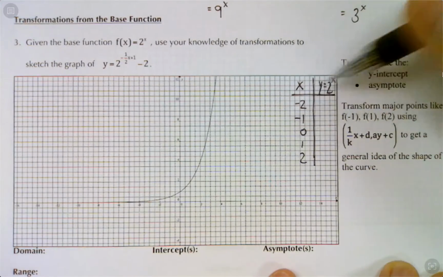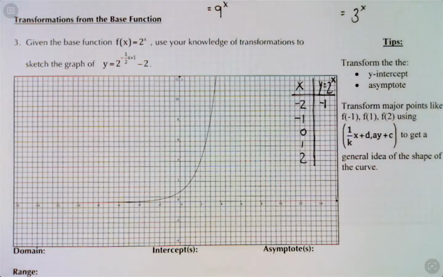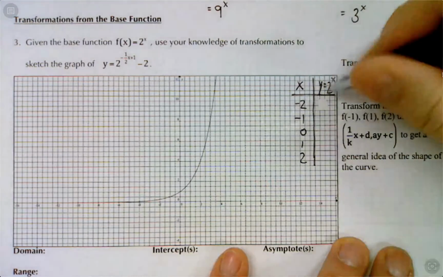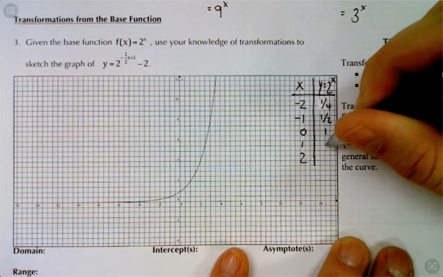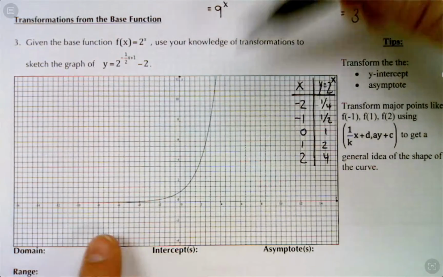And if we plug those into 2 to the exponent x, we get 1/4, 1/2, 1, 2, and 4. If we read those off, I think we can get all those.